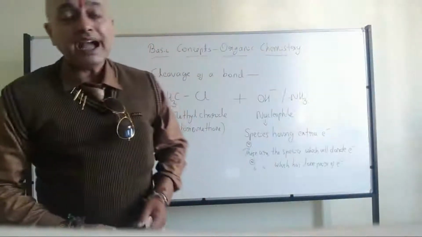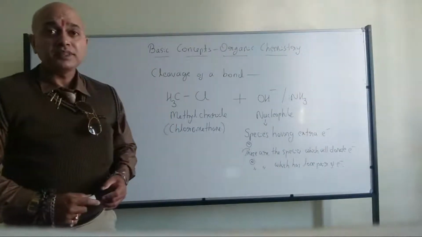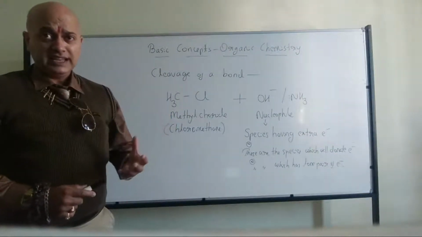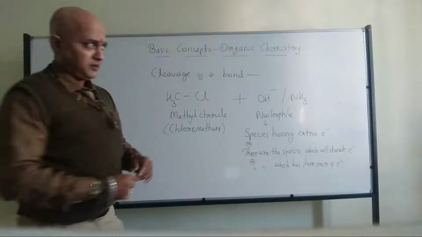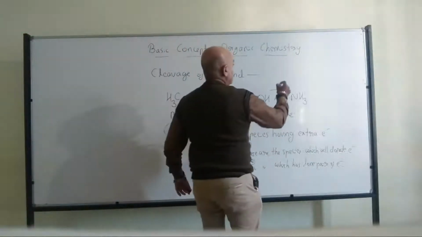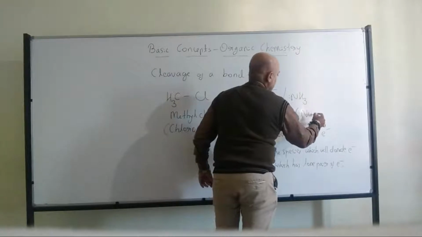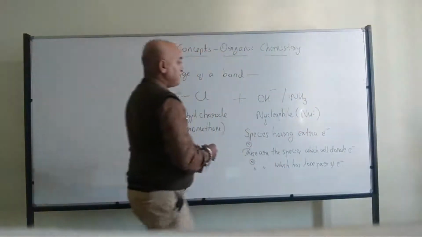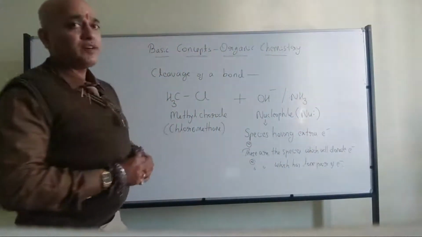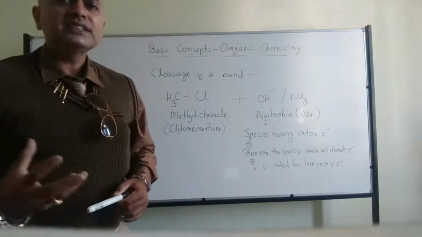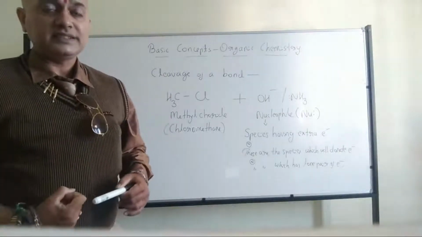So it can be having a lone pair of electrons, or an extra, leftover electron. Therefore, nucleophiles will be symbolically mentioned like this. Okay, that's where we have the nucleophiles. Then why this word, sir, nucleophiles?